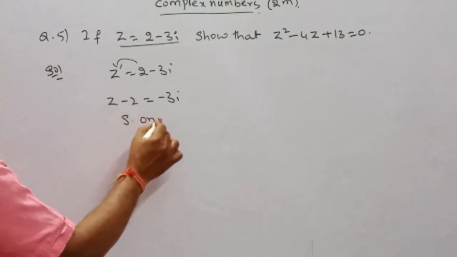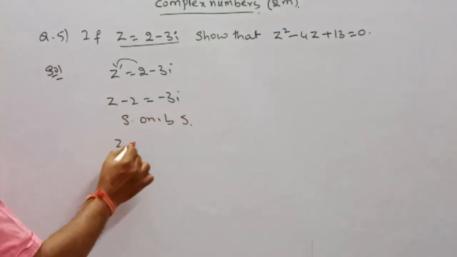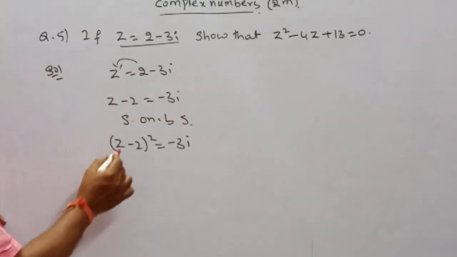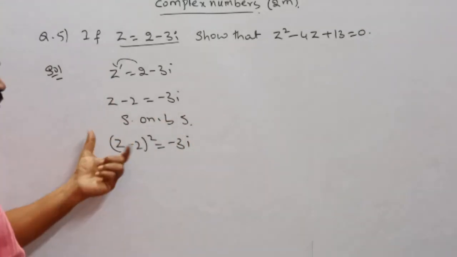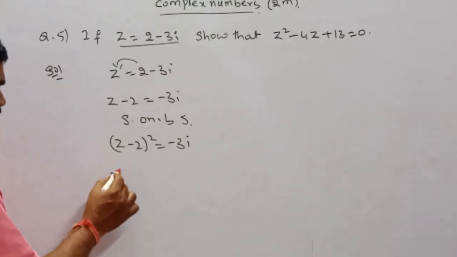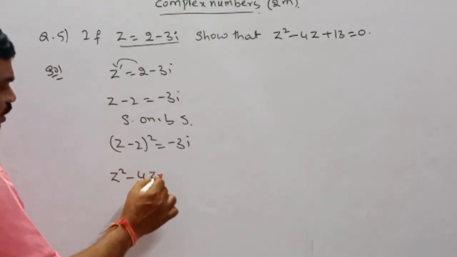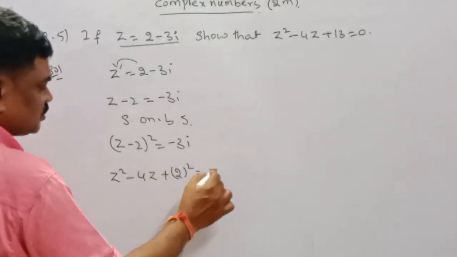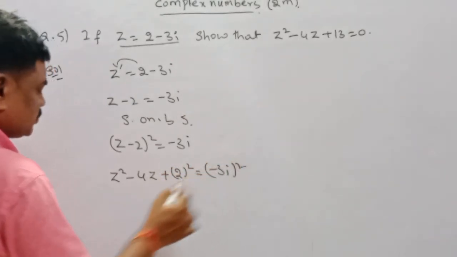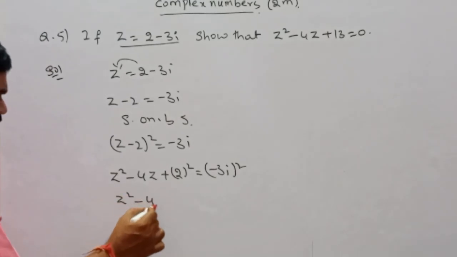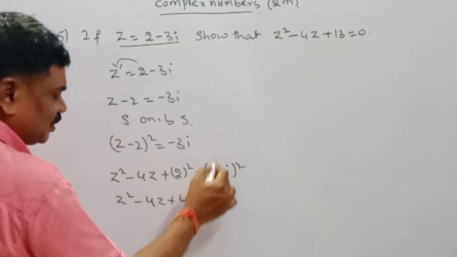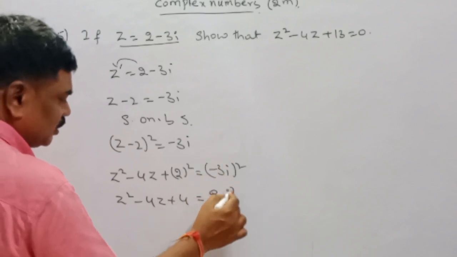Square on both sides, z minus 2 whole square is equal to minus 3i whole square. This is in the form of a minus b whole square, so z square minus 4z plus 2 square is equal to minus 3i whole square, which is z square minus 4z plus 4 equal to plus 9 into i square.